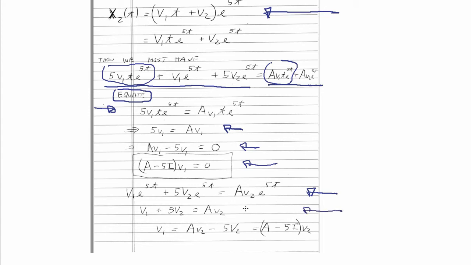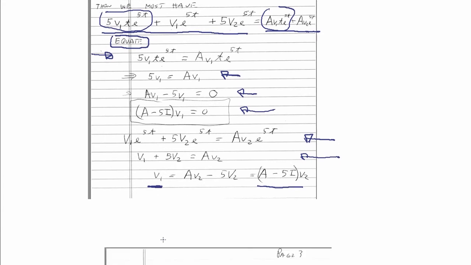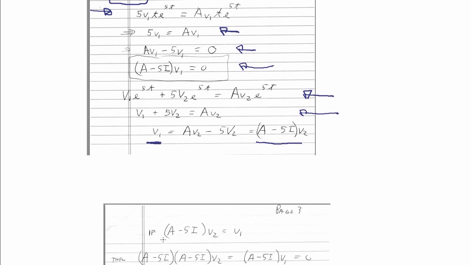What that leads to is that we need to find a v2 so that if I take A minus my eigenvalue of 5 times the identity matrix and evaluate that at v2, I have to get v1. So that's how this technique arises.